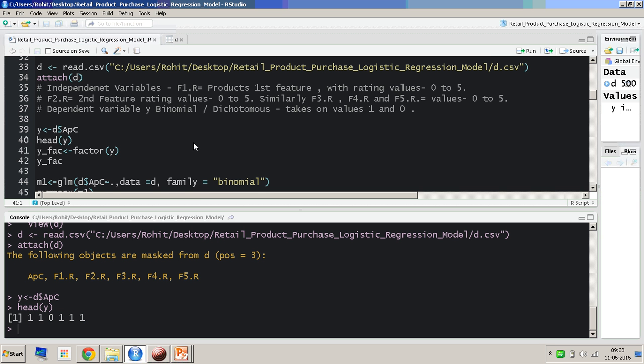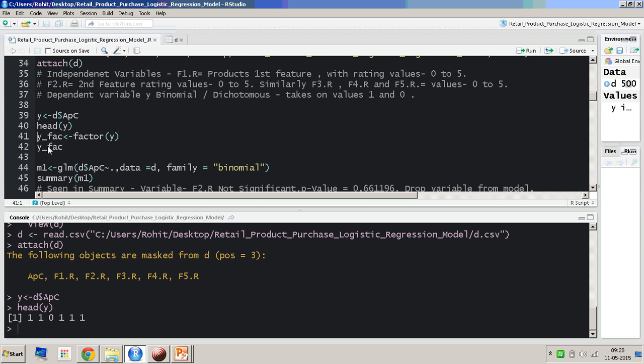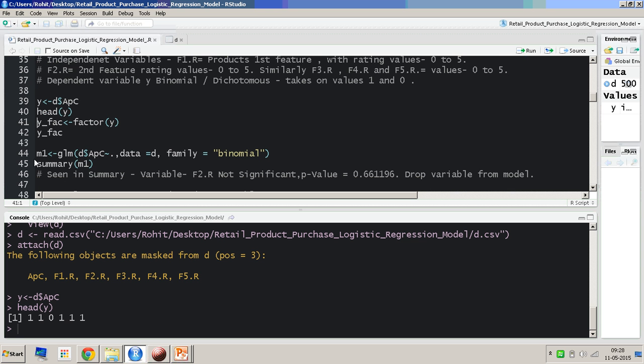Now we could go ahead and create a factor from Y, but I think I'll skip this step for now. I go straight to my first model. My first model is M1, so I just call it M1. It's a generalized linear model. Why is it a generalized linear model, even though I'm saying it's logistic regression, and it does not necessarily follow a linear relationship?